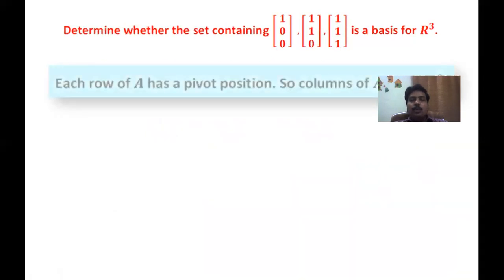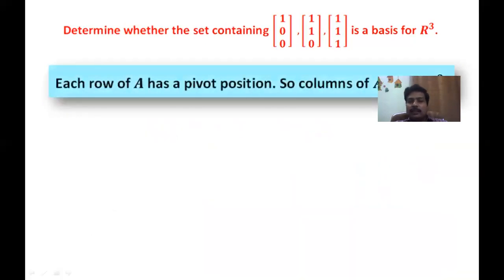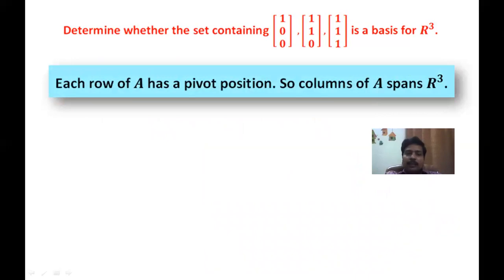So each row of A has a pivot position. So whenever each row of A has a pivot position, we can say that the columns of A span Rn. Here n is 3. So columns of A span R3.